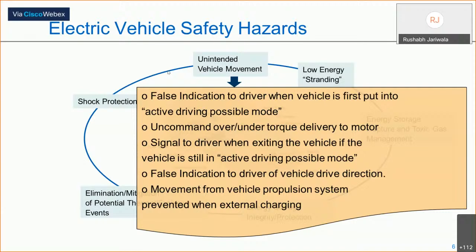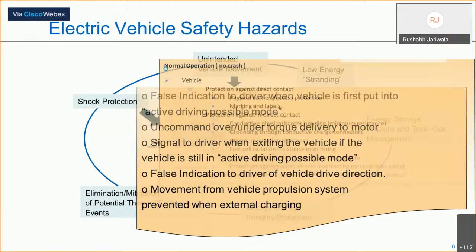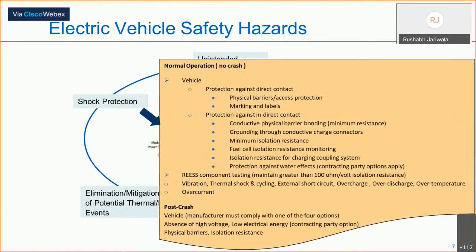Otherwise, it creates a complicated situation where one can drive away with the charging cable locked into it, creating danger and damage to property. So again, one needs to think of this when designing the onboard chargers, the inverter, and their coordination.